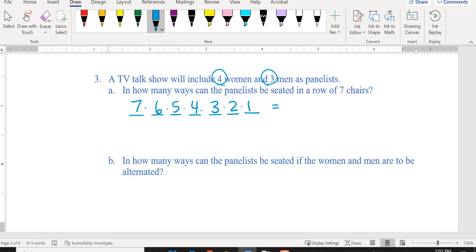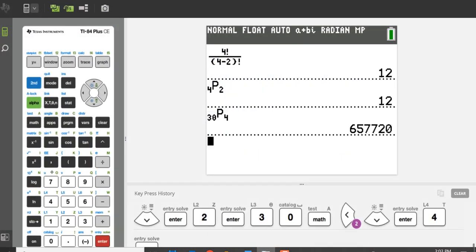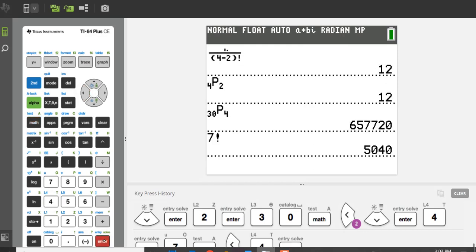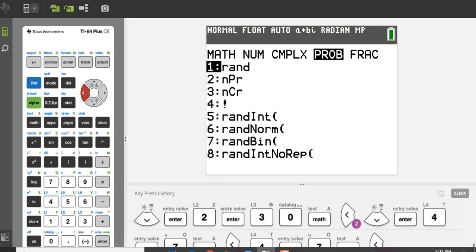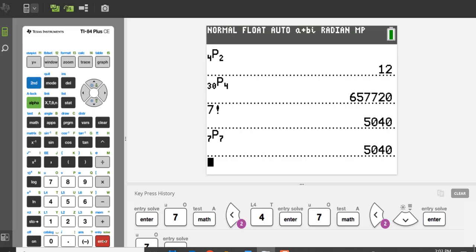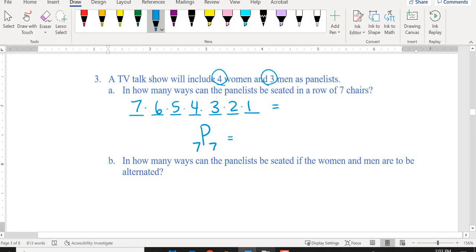Or we could do the permutation of 7 people, choose 7. So we could do it as 7 factorial, or we can do 7 permutation, pick 7. 5,040. On both of them, we get 5,040.